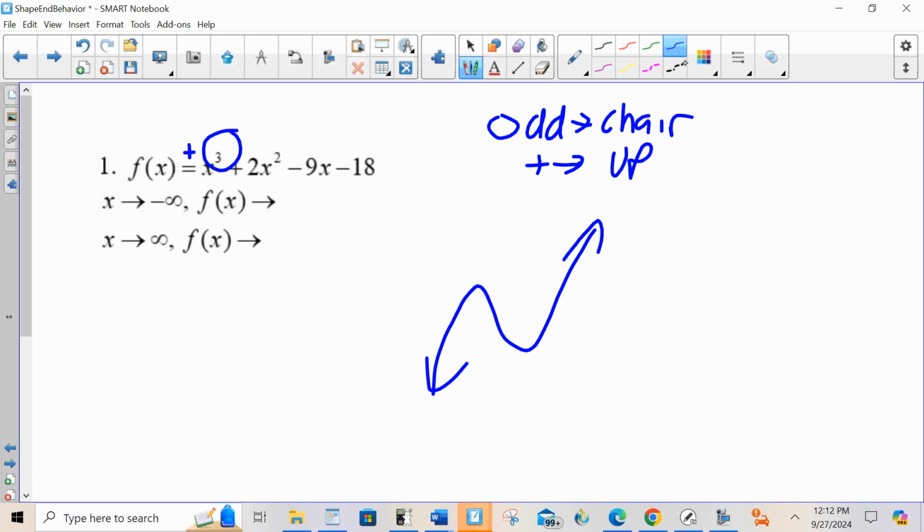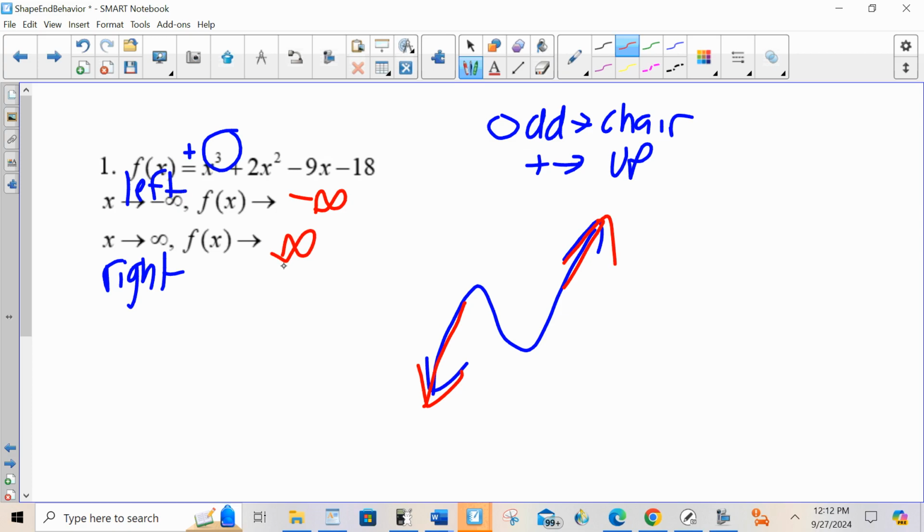So as x approaches negative infinity, that means as I look to the left, as I go to the left, the graph is going down. So I put negative infinity for down. As x approaches positive infinity, that means as I look to the right, the graph is pointing up.